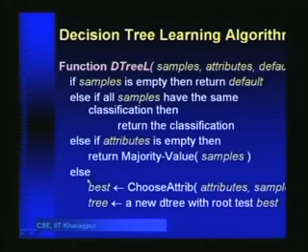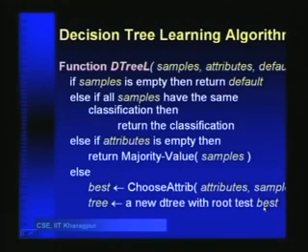Otherwise, now this is the main part, we choose an attribute from the remaining set of attributes and the remaining set of samples. So, this is the step which will use that formula to choose the proper attribute, and then we initialize tree to a new decision tree with root test as best.